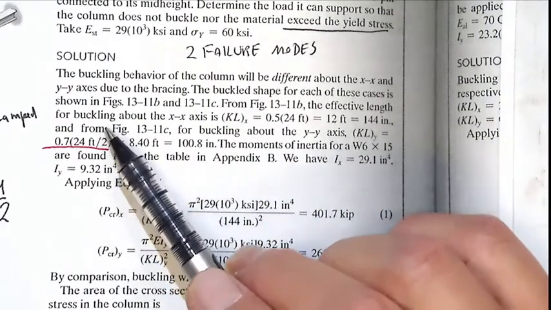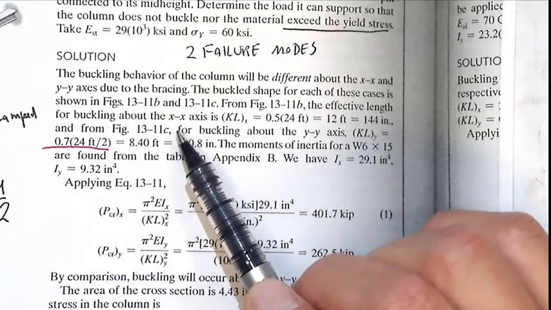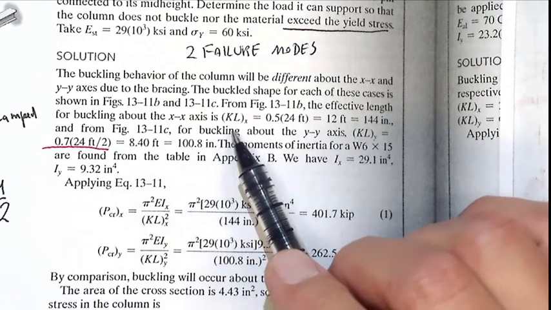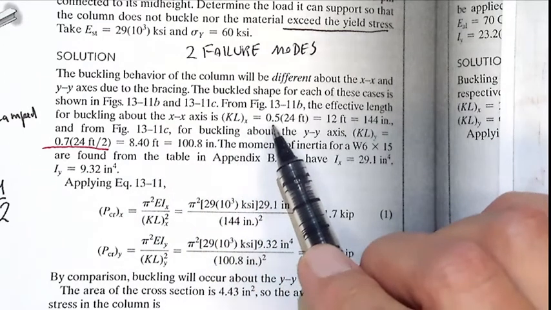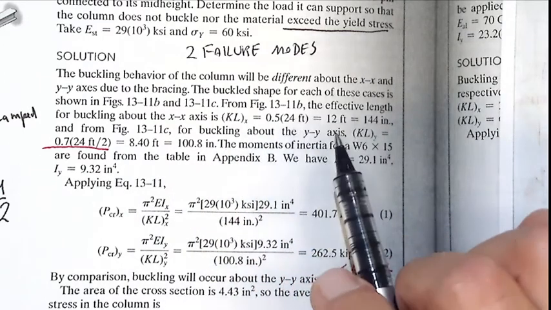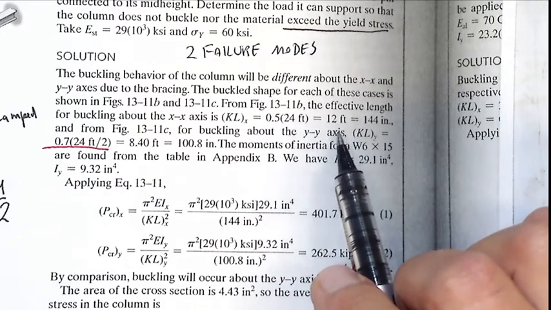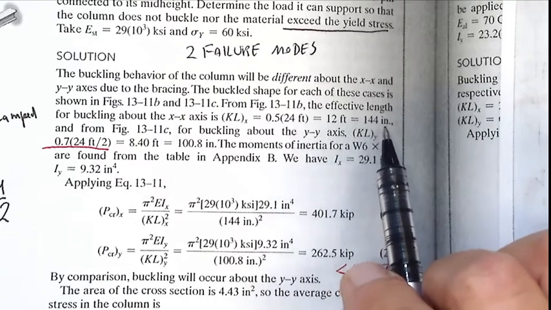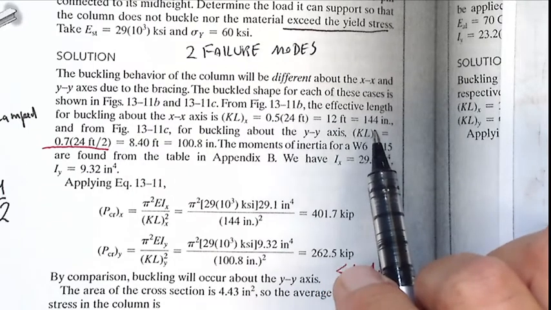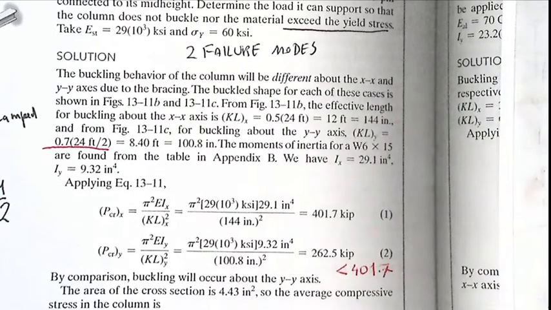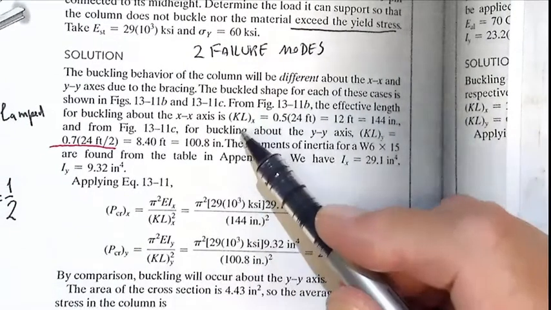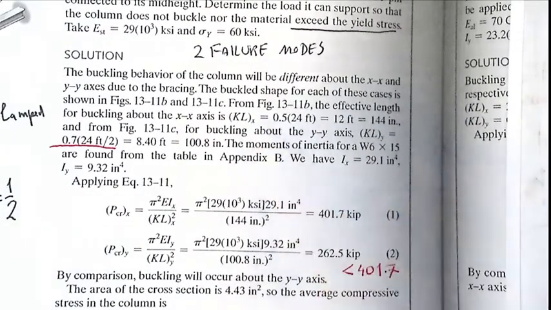The effective length for buckling about the x-axis is KL in x direction, because half of 24 feet is 12 feet, and that equals 144 inches, because a foot contains 12 inches. Okay? Please repeat this KL business. I am not starting a lecture with absolutely new material.